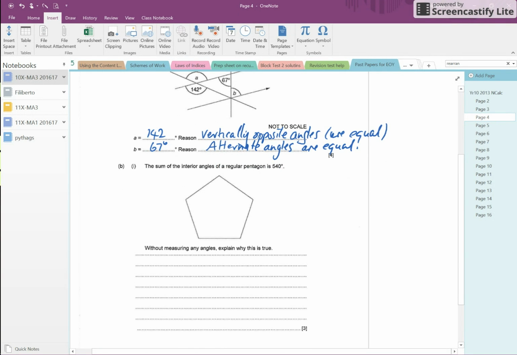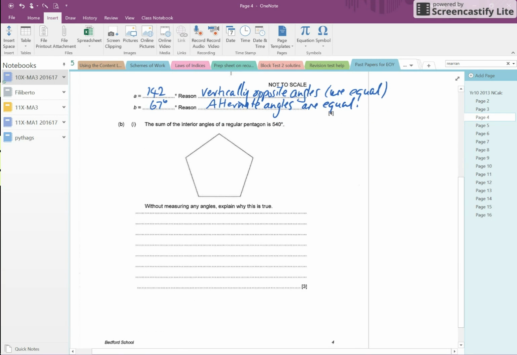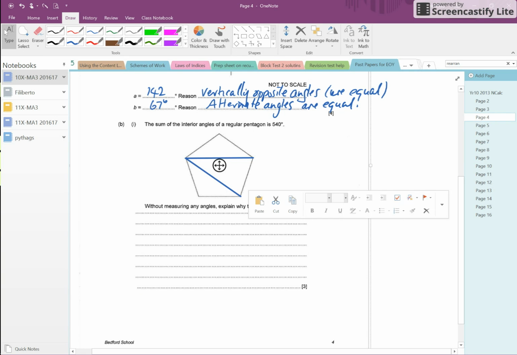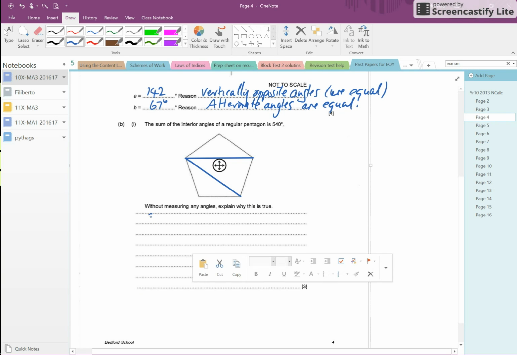Okay, the sum of the interior angles of a regular polygon is 540. Without measuring any angles, explain why this is true. Well, there's two things that you can do here. You could split this into 3 triangles. So we've got 3 triangles here.